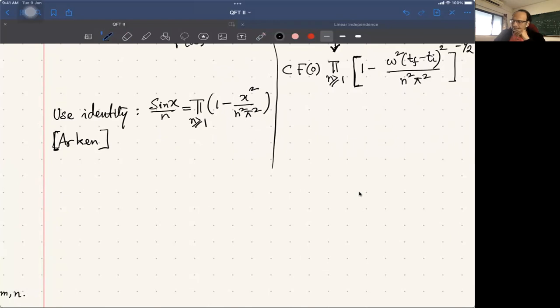Therefore, this is the same as c times f0 times the square root of omega (tf minus ti) divided by sine omega (tf minus ti).